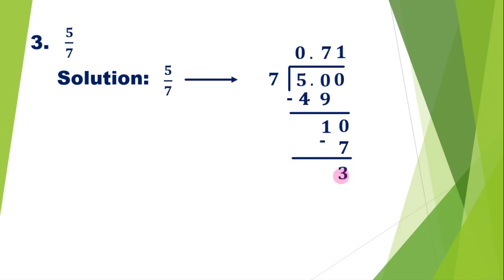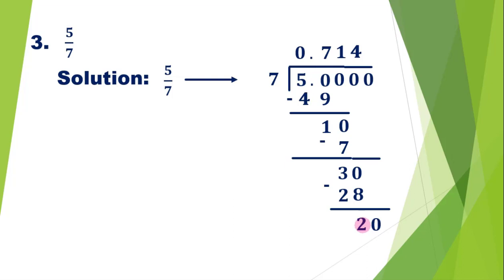Then 1 times 7 equals 7. Then 10 minus 7 equals 3. 3 cannot divide 7, so we need 0 here. Then bring down 0 here. Then 30 divided by 7 equals 4. 4 times 7 equals 28. And then 30 minus 28 equals 2.